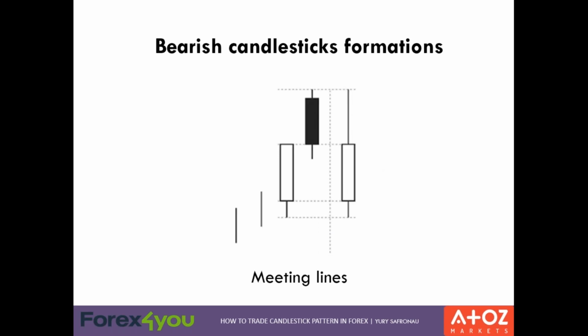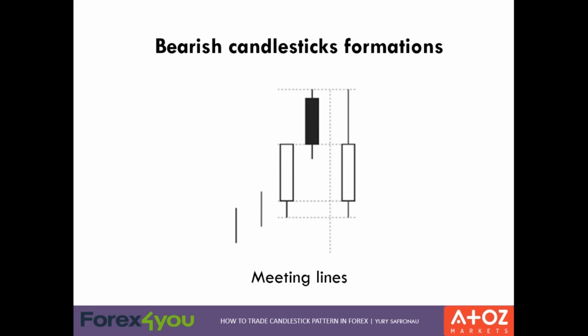So the bearish meeting lines pattern. This pattern occurs during an uptrend. The first day white candlestick is followed by a black candlestick that opens sharply higher and closes at the same level as the prior session close. It is similar to the dark cloud cover pattern, however the amount this second day drops is different.